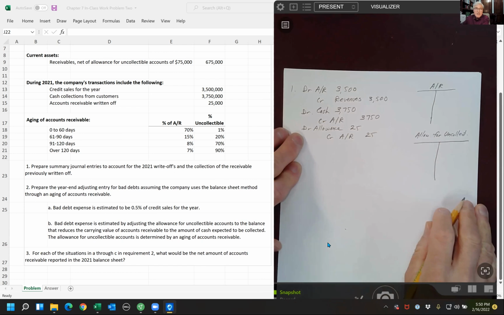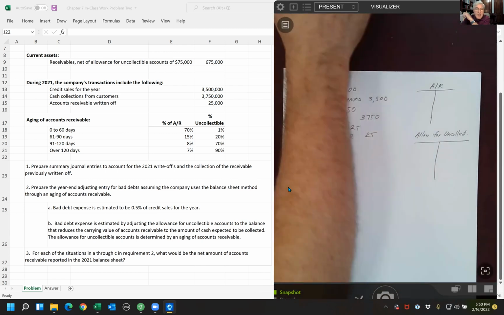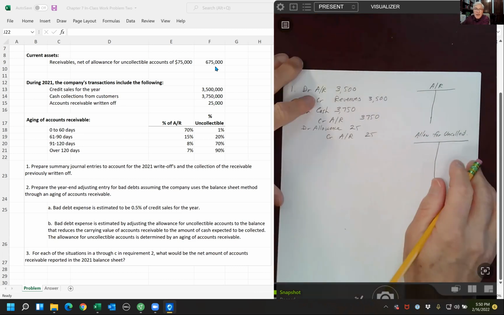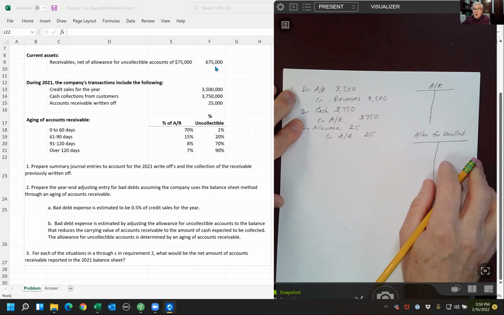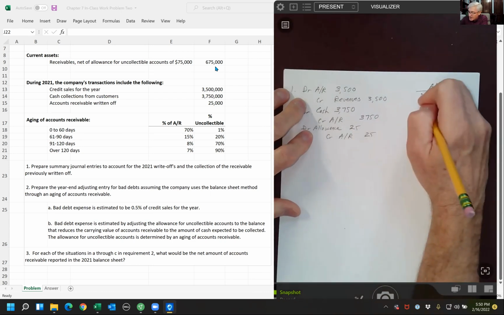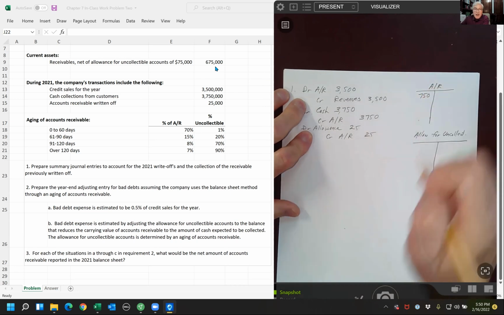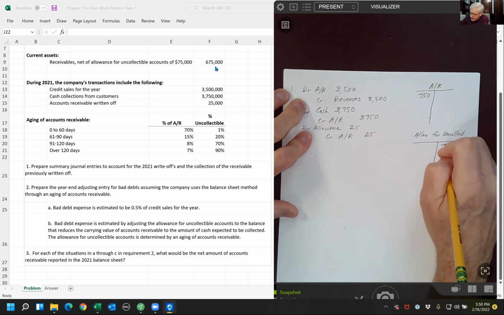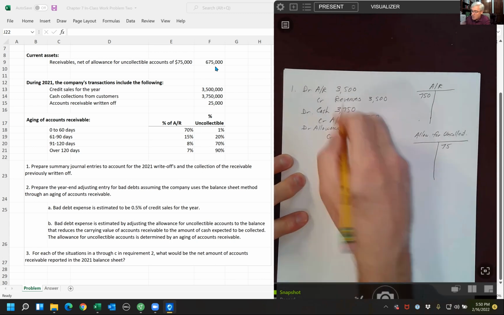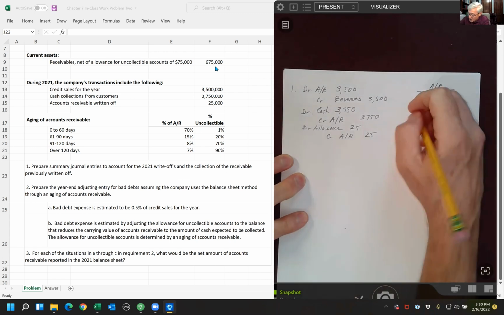Let's go put these in the system here. So AR, and I'm looking here at the top, starts, the net is 675, but that's net of the allowance. That's what showed up on the balance sheet. What we're really going to have here is 750 debit in AR, and a $75,000 credit in allowance. Again, that's how we ended last year, and that's what's sitting in our books right now before we book all these journal entries. So let's go post these.